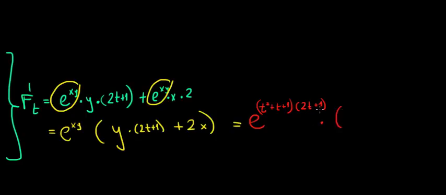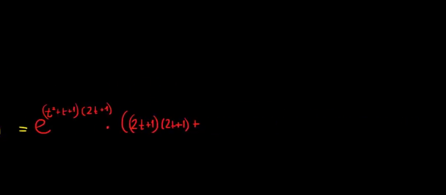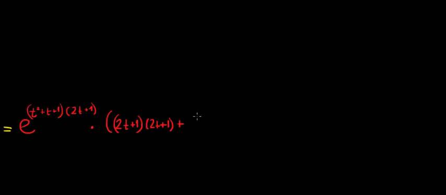Y is equal to 2t plus 1, so we write 2t plus 1, times 2t plus 1 from here, plus 2x. What is 2x? Well, that's just 2 times t squared plus t plus 1. We close the brackets. Okay, and now we can actually finish off the question, because we'll open the terms.